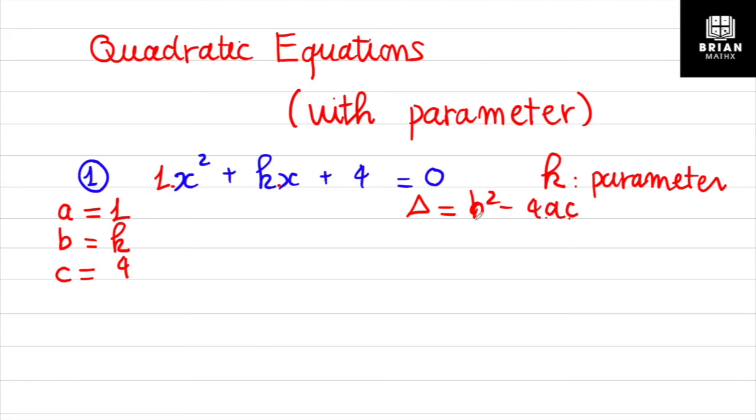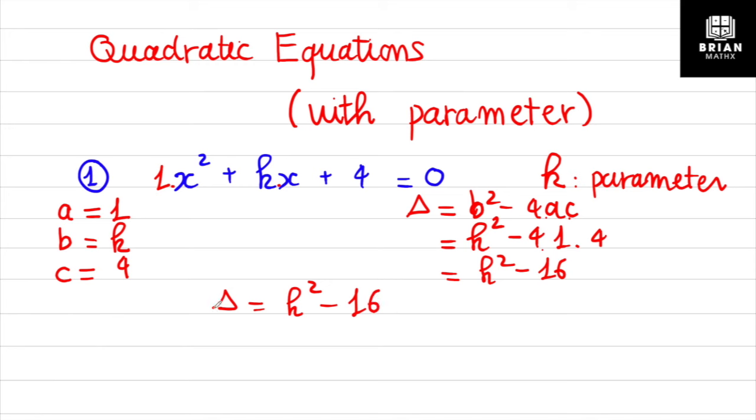And the discriminant is b squared minus 4ac. You substitute the values for b, a, and c. The first one, you got k squared minus 4 multiplied by 1 and 4. So k squared minus 16 is the value for the discriminant. You can see that the discriminant in this equation is not a specific number.